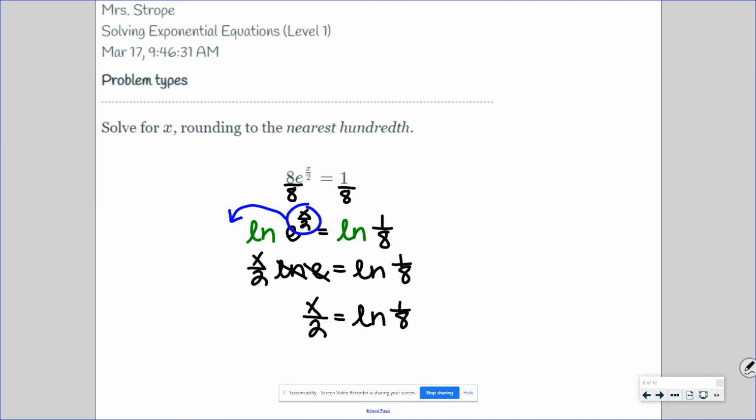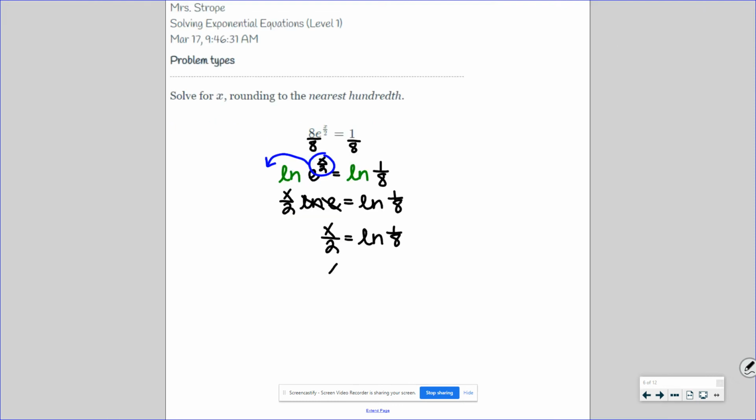Ln of 1/8 is something you can type into your calculator. So let's see, ln of 1/8 is negative 2.0794. And then we need to multiply to finish this problem. So we're going to multiply that answer by 2 and get x equals negative 4.16. It says round to the nearest hundredth.